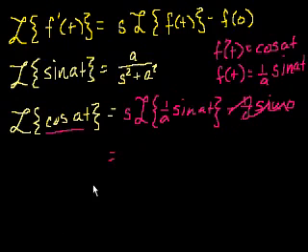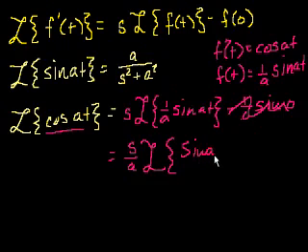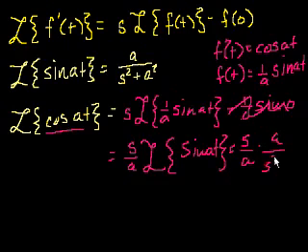The 1 over a is a constant, and we showed that the Laplace transform is a linear operator, so we can take it out. So this is equal to s over a times the Laplace transform of sine of at, which is s over a times a over s squared plus a squared, and the a's cancel out. That was much simpler than the integration by parts we had to do to figure this out.